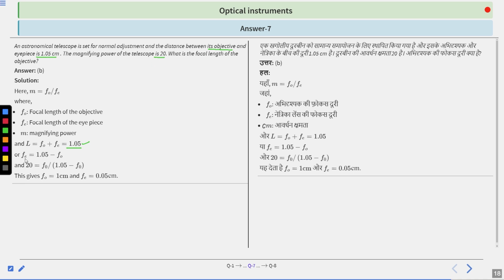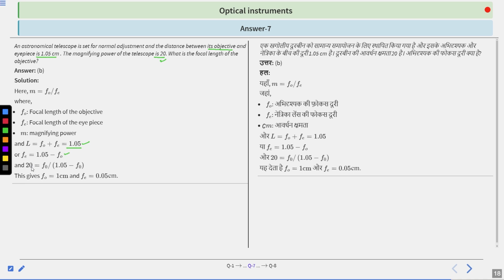So FE is equal to 1.05 minus FO. This is just a simple mathematical calculation. So 20, that is given in this question, is equal to FO divided by 1.05 minus FO.